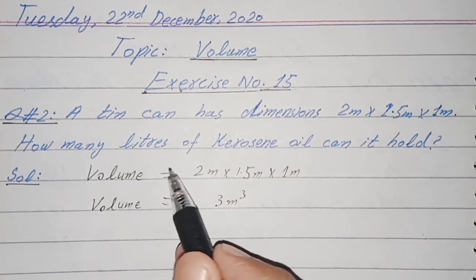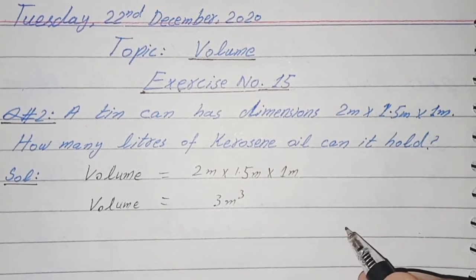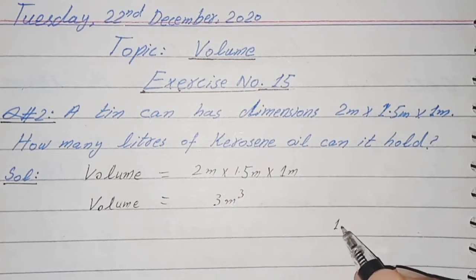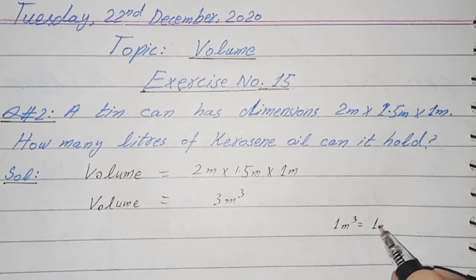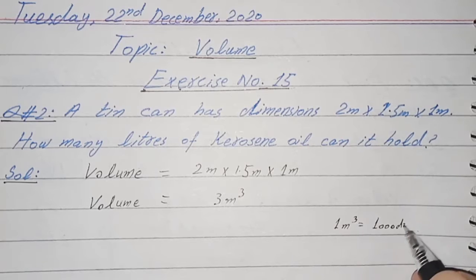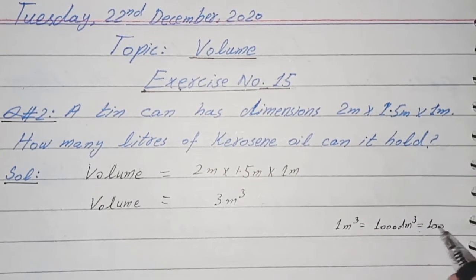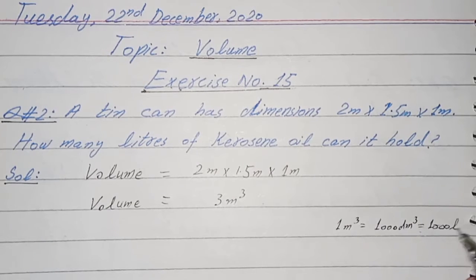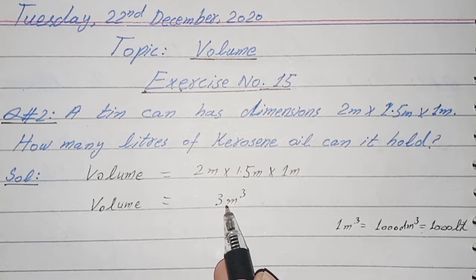But we have to find the volume in liters. We know that 1 meter cube is equal to 1000 decimeter cube or 1000 liters. So there is 3 meter cube.